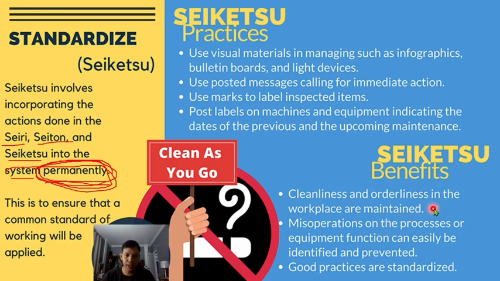So here are the benefits of applying standardized or seiketsu. Cleanliness and orderliness in the workplace are maintained. Missed operations on the processes or equipment functions can easily be identified and prevented. We can easily identify them because we already have the standards.